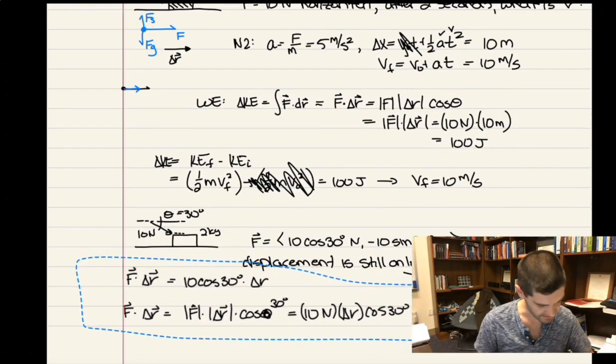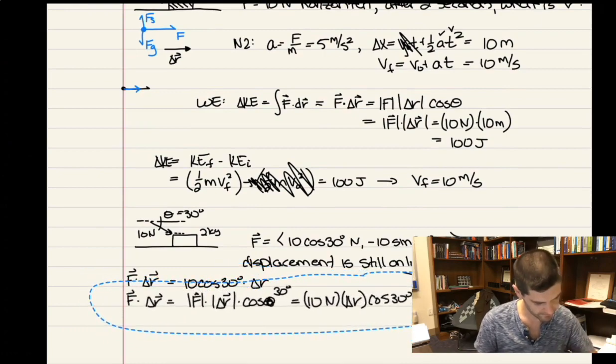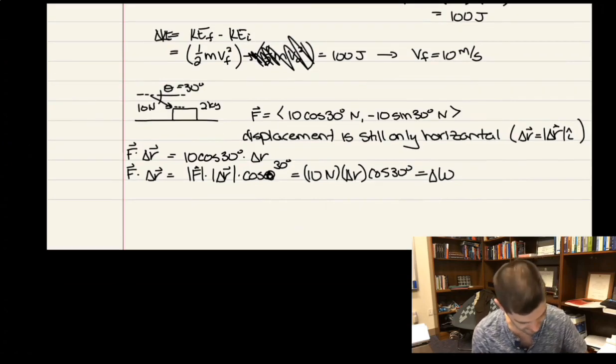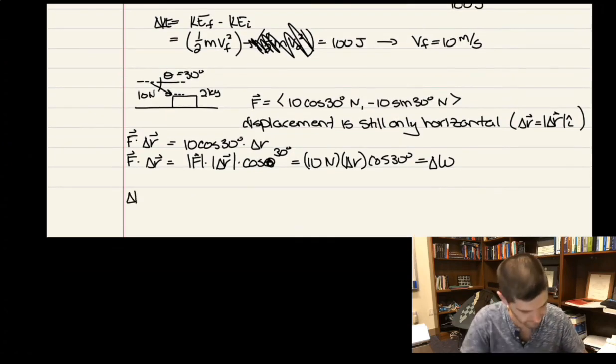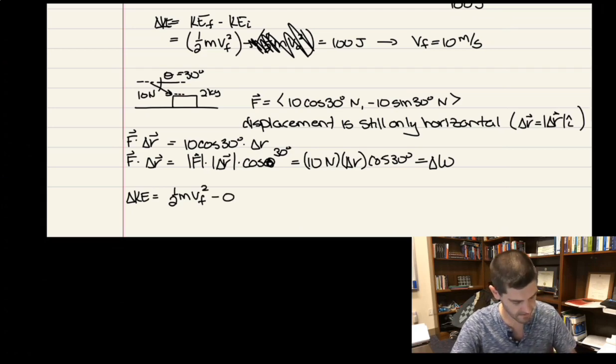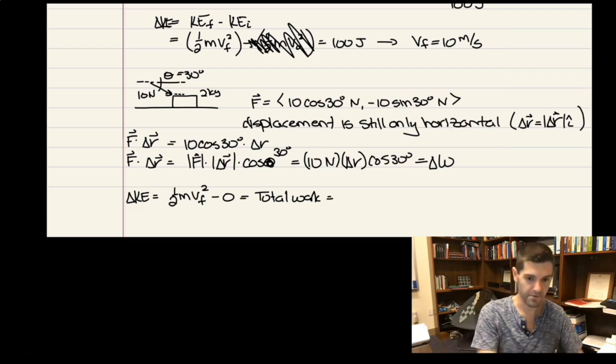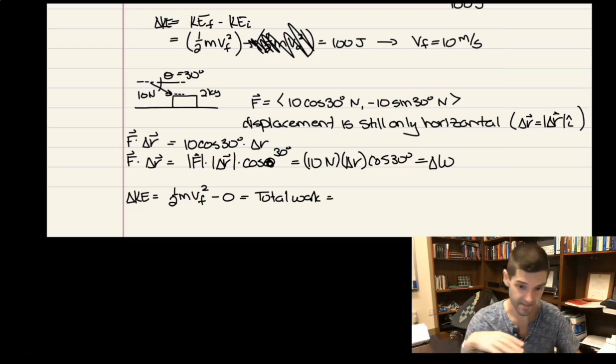Because we can then take this and write it down in the expression we had above and say that the change in kinetic energy, which is final minus initial, but the initial is 0, so I can just write it as final minus 0, equals the total work that's being done, which in this case, a constant force acting over a distance.